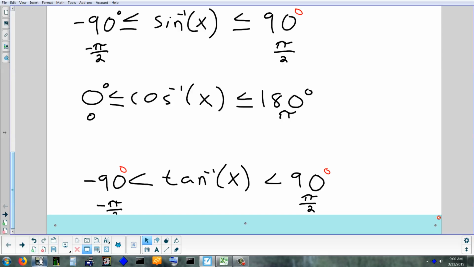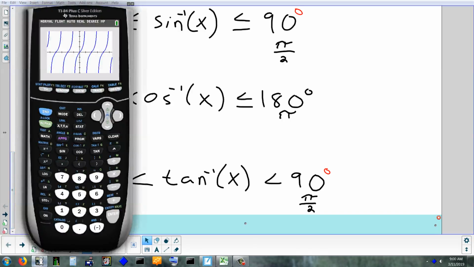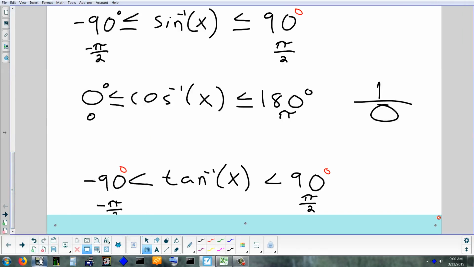Now, what's the difference between the negative 90 to 90 for inverse tangent and for inverse sine? They're not exactly the same. Yeah? One's equal to, one's not. Right. You can't take the tangent of 90, right? If you try, remember last week we ended up with this calculation sometimes? 1 divided by 0, when we did y over x.